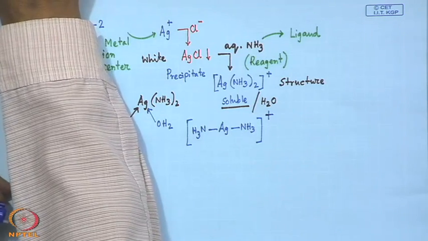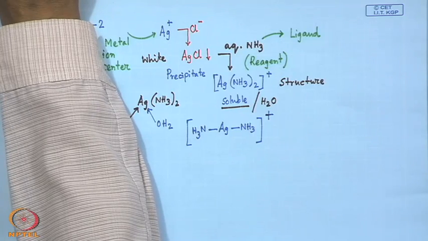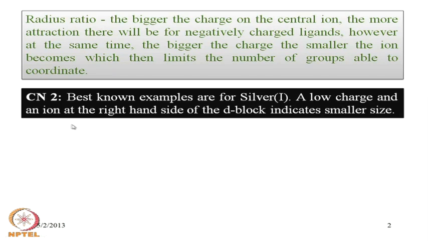So, this is the well known example for silver 1, and it has a low charge, and an ion at the right hand side of the d block indicates smaller size. So, silver 1, copper 1, gold 1, as well as zinc, cadmium and mercury also.